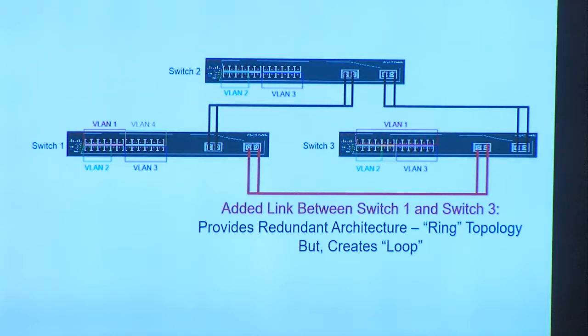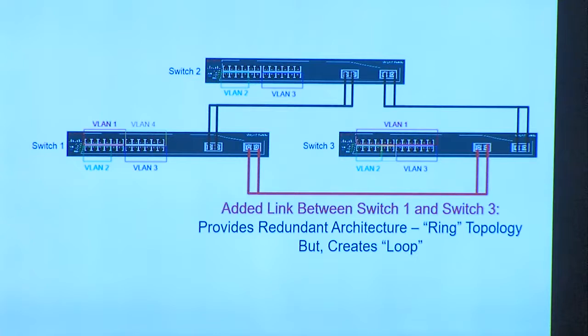In fact, if you want to break a network, that's a pretty easy way to break a network. If you want to cause some grief, take an Ethernet cable and just plug it into 2 ports of a regular switch. You will create havoc. Unless it's a smart managed switch that knows better and shuts ports down.